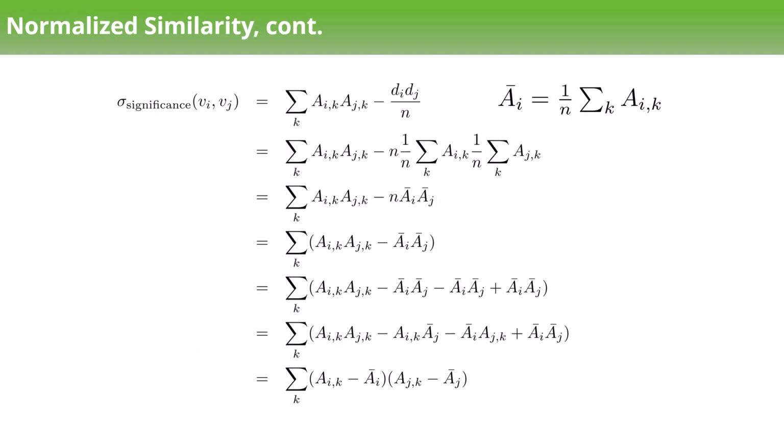So the next one is normalized similarity. So the idea is, students, sometimes a raw similarity value is not enough. Why? Because different nodes can have very different number of connections. For example, student A knows 5 people, student B knows 50 people. If they have 5 common friends, we cannot interpret that in the same way for both students.